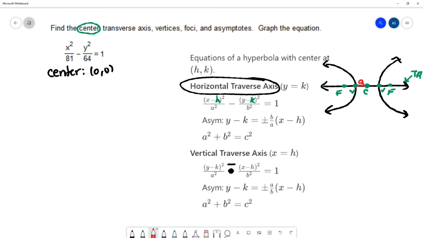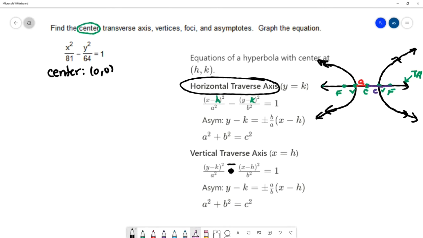So that's this distance here. And C is the distance between the center and the foci. B is a little bit harder to show on this graph, but it has to do with the asymptotes that show where these parts of the graph go. So I'll try to show you that a little bit later.